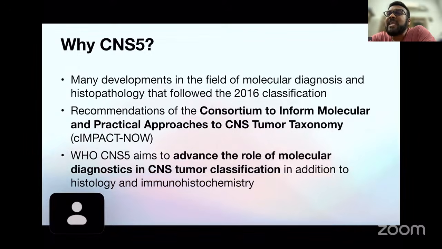The main aim is to advance the role of molecular diagnostics in CNS tumor classification, in addition to the traditionally used histology and, of course, immunohistochemistry. So we are incorporating molecular diagnostics with histology and IHC. That is why CNS5 is very important.